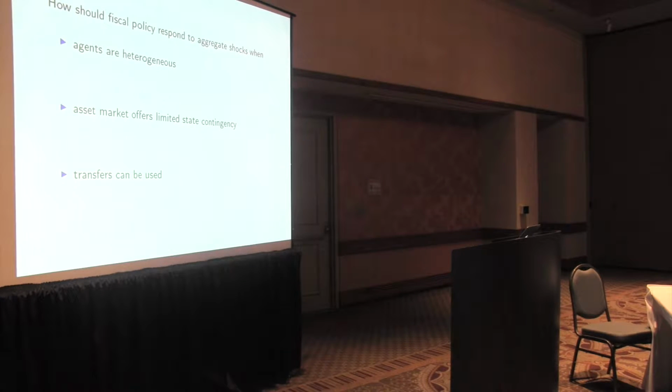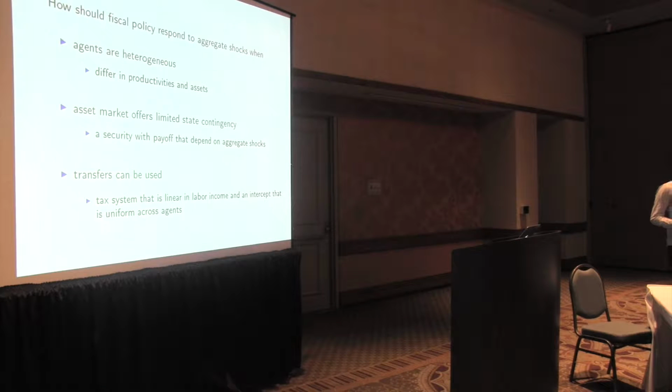The other important thing in the data is that most of the expenditure these days is on various kinds of transfers. So both these elements, limited state contingency and the use of transfers for redistribution, are the key things we are going to focus on. The way we are going to think about heterogeneity is that agents differ in productivities and assets.